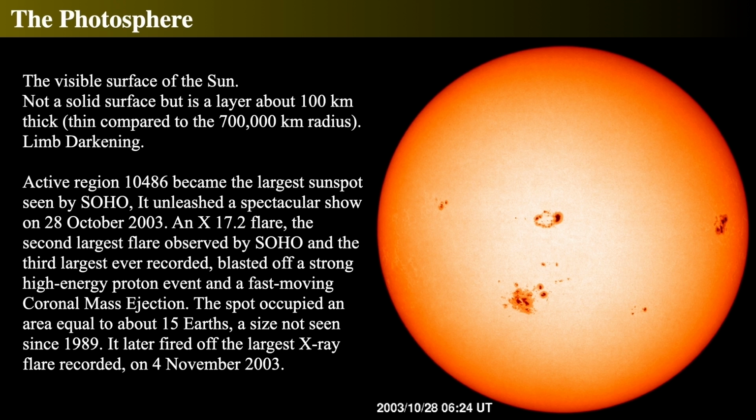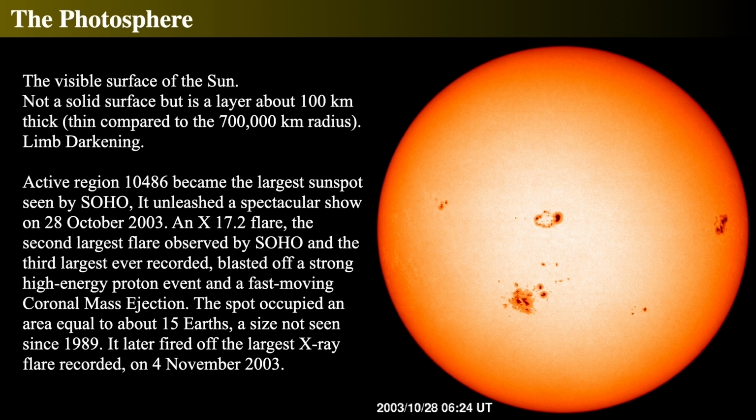So that's what we call limb darkening, and this image definitely shows this. This image was an image taken of an active region, and we can see an enormous active region seen by the SOHO satellite, a NASA mission, and that huge looping object that's in the middle.